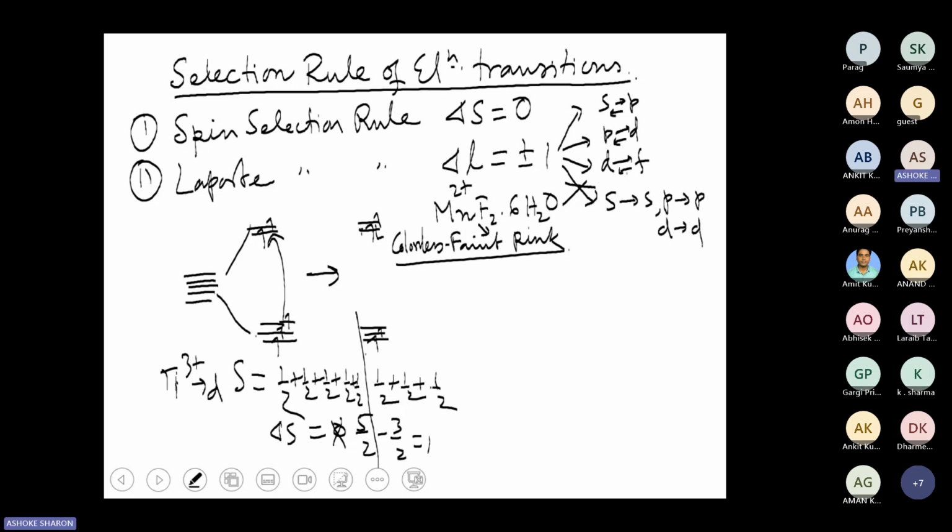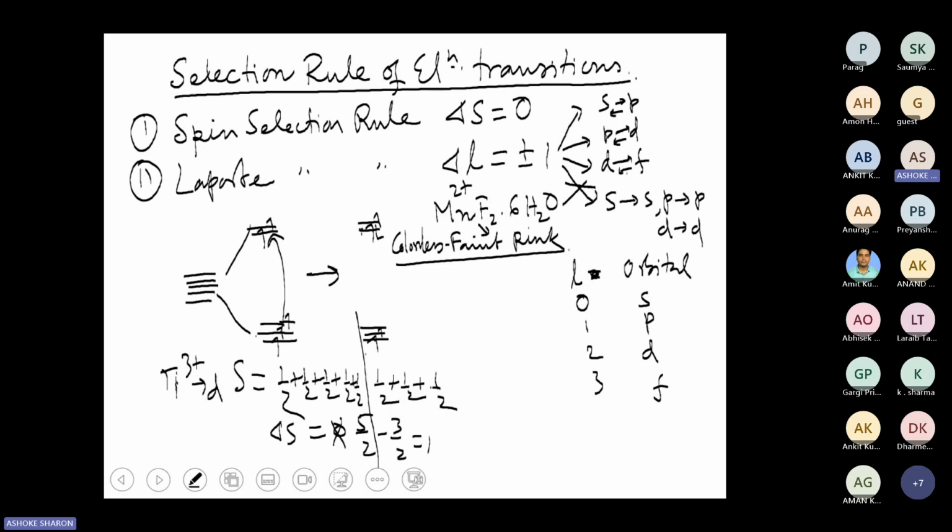What is the relation between S, P, D, F and L? We know that when the value of L is 0, that is the S orbital. When the value of L is 1, that is a p orbital. For 2, 3, it is d, f; in this way, 0, 1, 2, 3 for s, p, d, f.